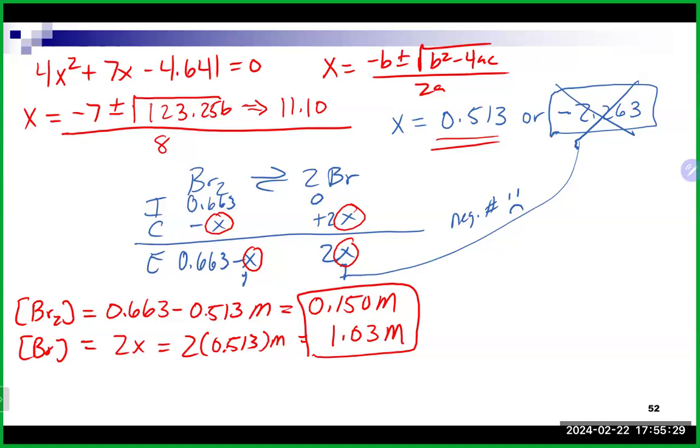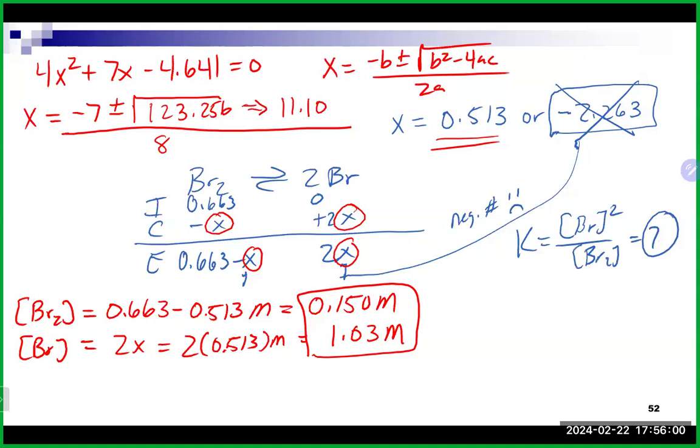Good thing about math is you oftentimes can check if you screwed up, right? How could I check to see if I screwed up? Yeah, so at this point, we now have the equilibrium concentrations, right? Which means when I take my equilibrium concentrations and put them back into my equilibrium expression, it should equal pretty much 7.